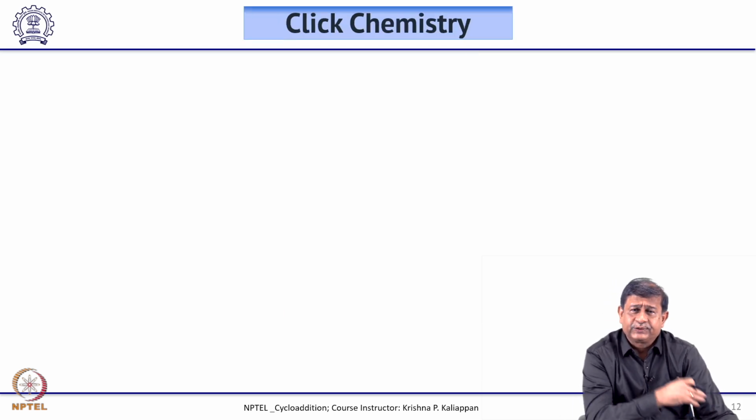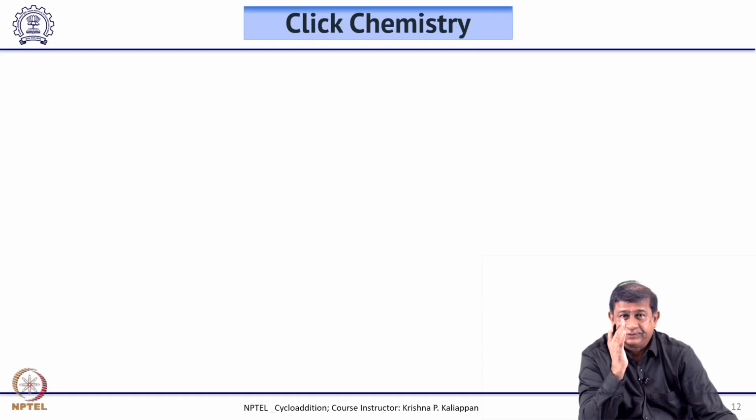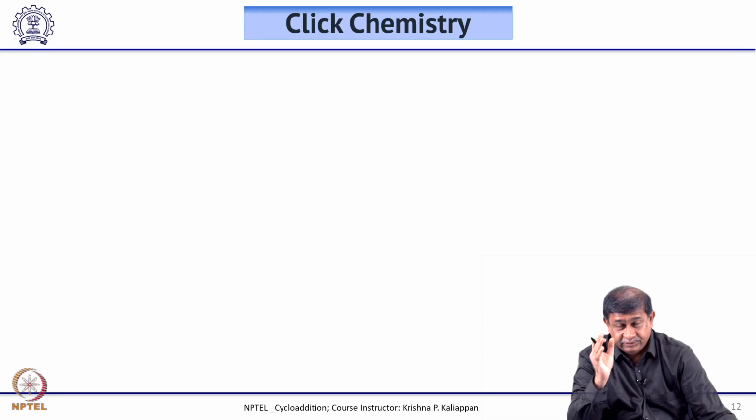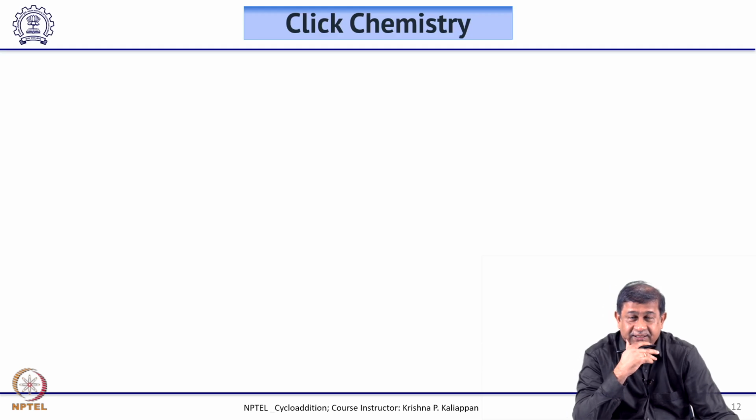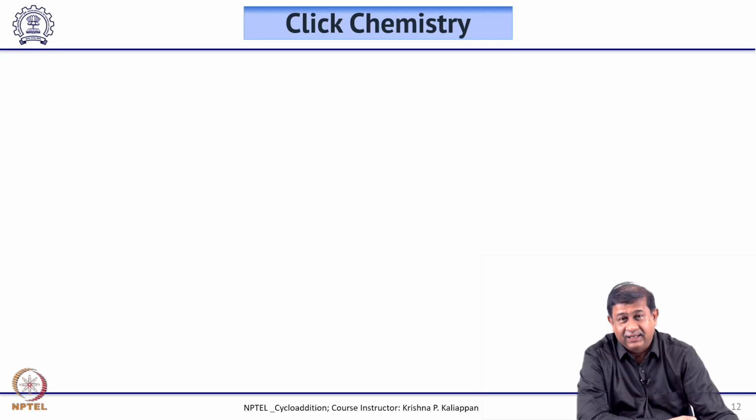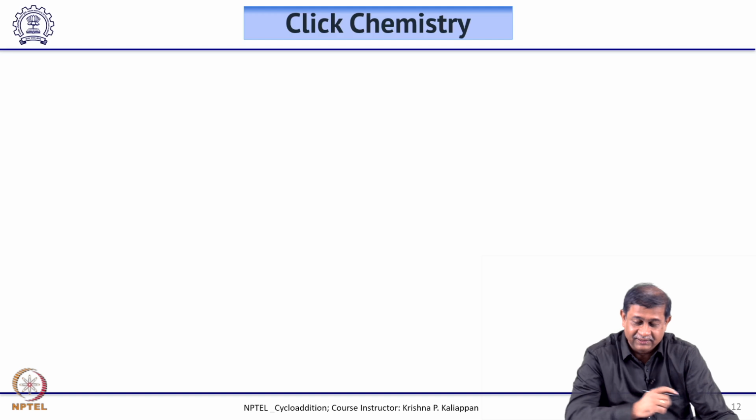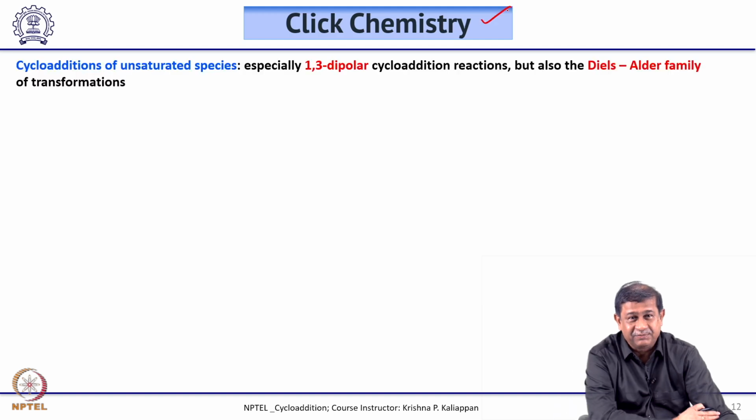So, how to get exclusively only one? The 1,3-dipolar cycloaddition between alkynes and azides was reported by Rolf Huisgen in the late 50s, but it took about 40 years to come back and revisit this chemistry and get exclusively one isomer, and that process is part of a broad name called click chemistry.